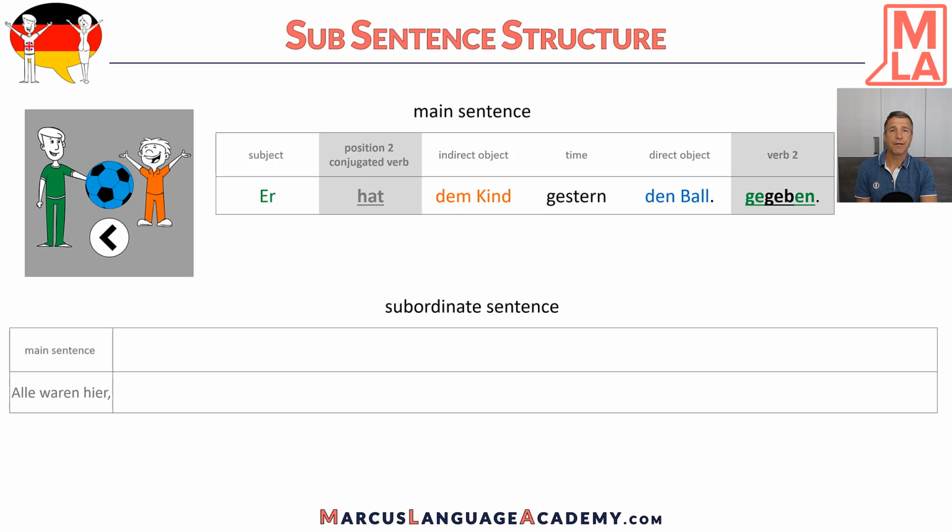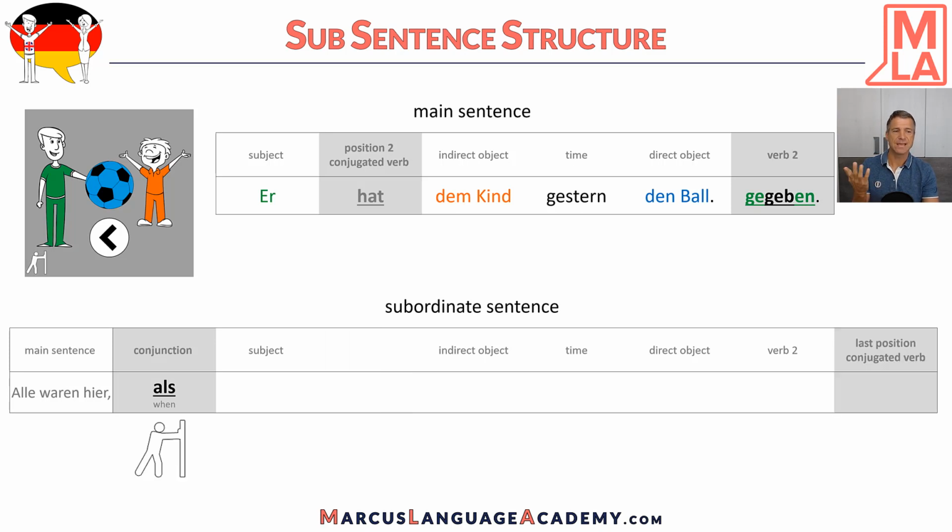Let's say Alle waren hier, everybody was here, because we will have it in past tense. And the conjunction here is als, because remember we had wenn, which we use for present tense, and when we have the past tense for an action, it would be als. As a rule for the sub-sentence, we said the conjugated verb goes to the end.